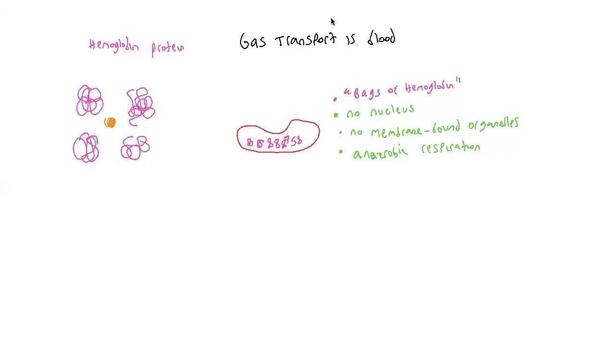Now oxygen is going to bind reversibly to the iron group, like so. When oxygen binds with hemoglobin, we call it oxyhemoglobin.